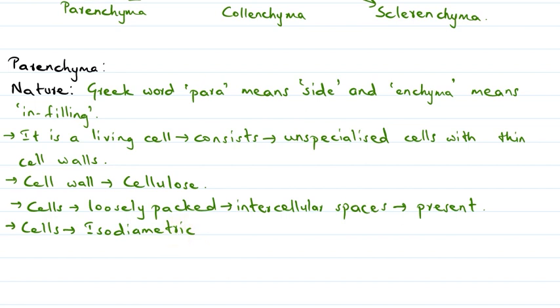These cells could be oval or spherical or polygonal in shape, and they are isodiametric. These are the different shapes they can have, but all the cells are mostly isodiametric. That means more or less they are equally expanded on all sides.